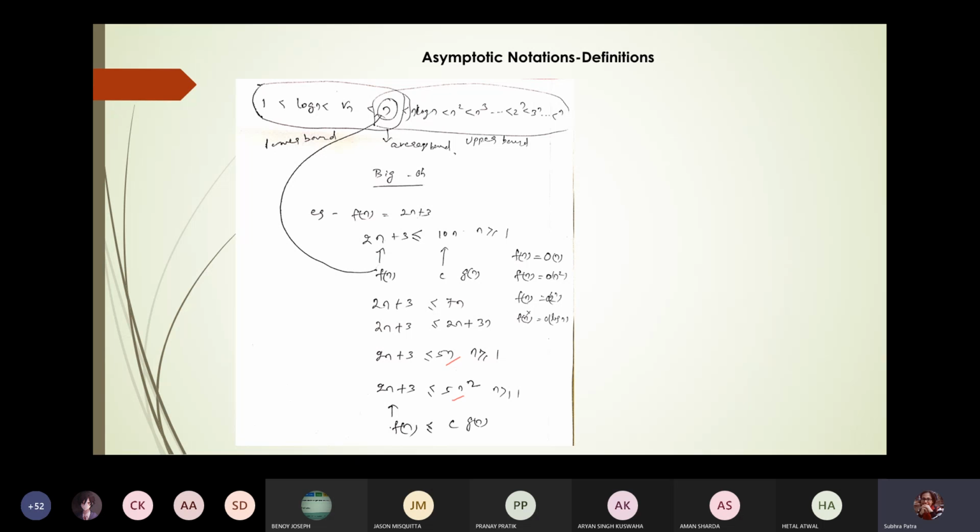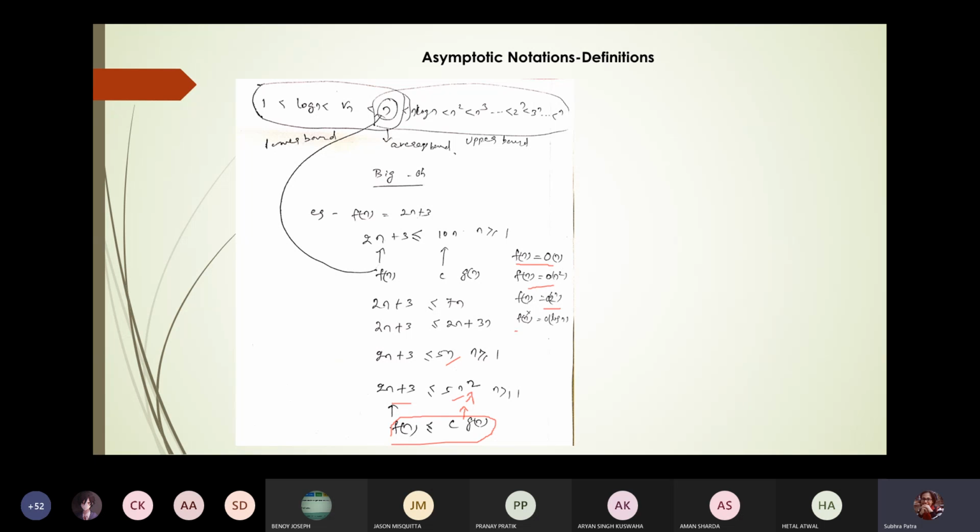Still this condition holds true if you take n equal to 1, for all n greater than or equal to 1. So similarly, you can go for further higher orders and this condition remains valid. You can take f of n equal to O of n, O of n square, or even exponential order.